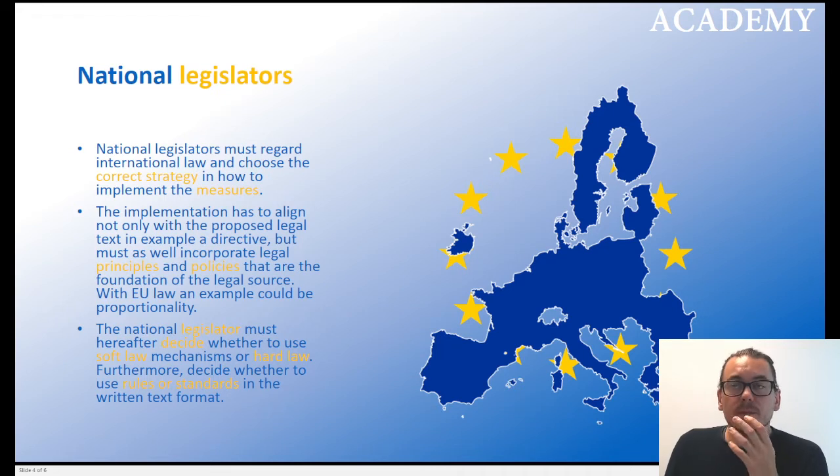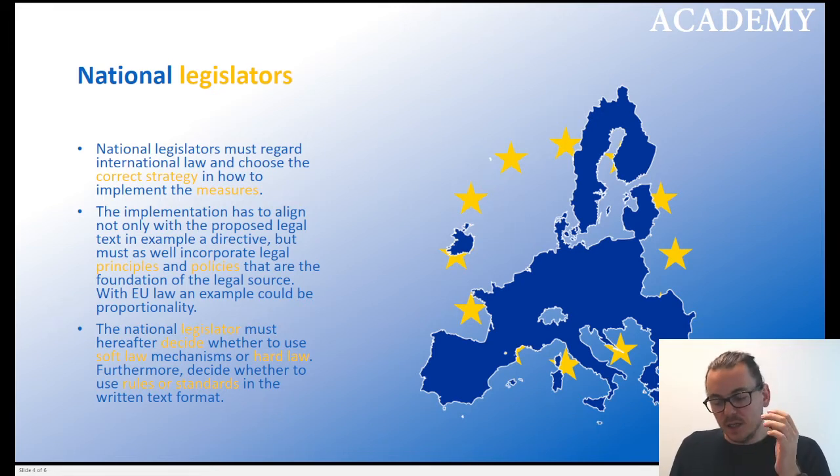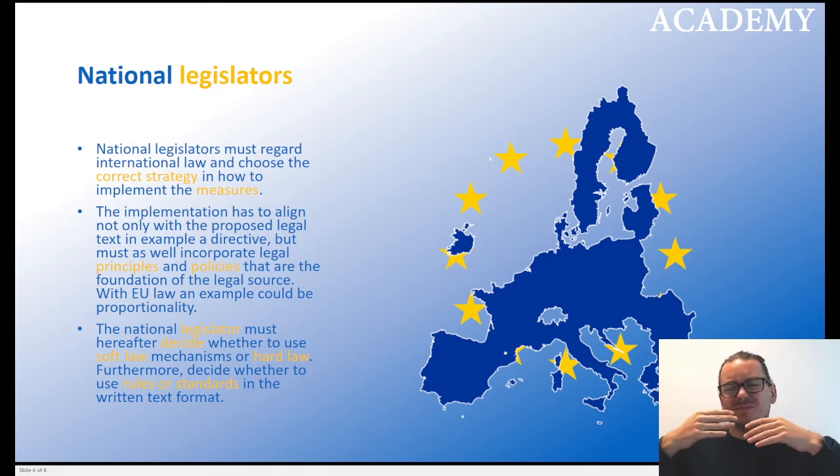So whenever there's international regulation, national legislators also need to choose the correct strategy. They need to find out how they are going to implement this. Are they going to do it by hard law or soft law? Because if it's principle based, it might not be hard law that you're implementing, but just the principles.